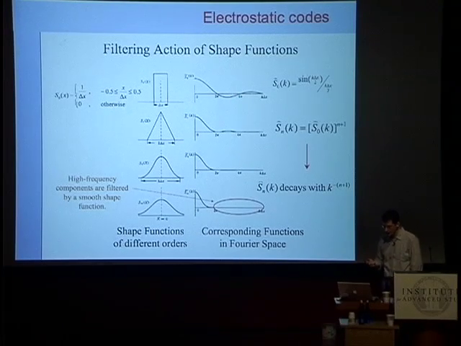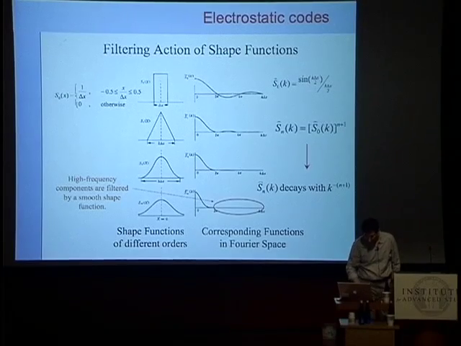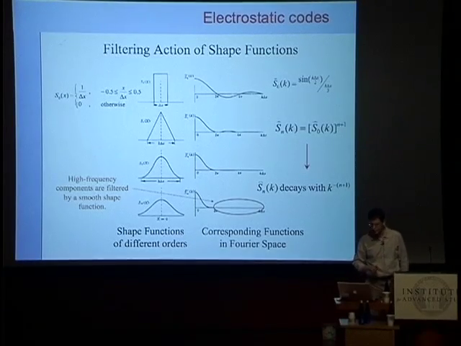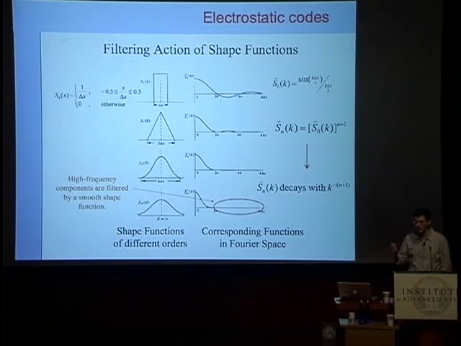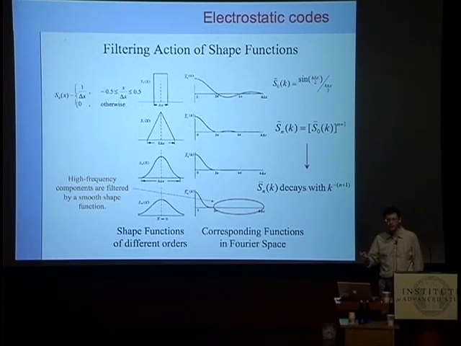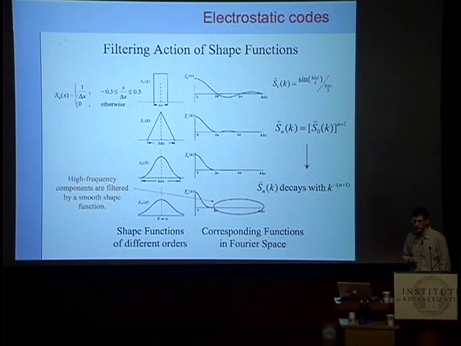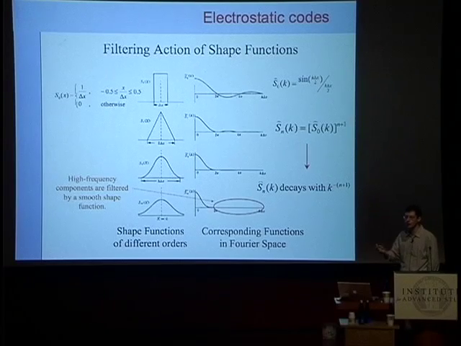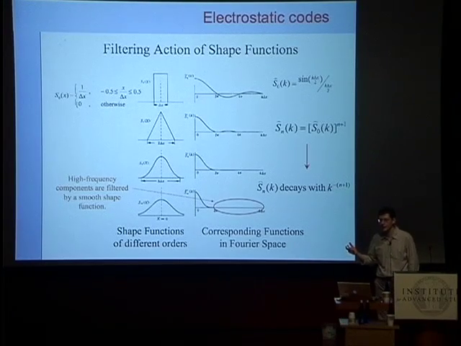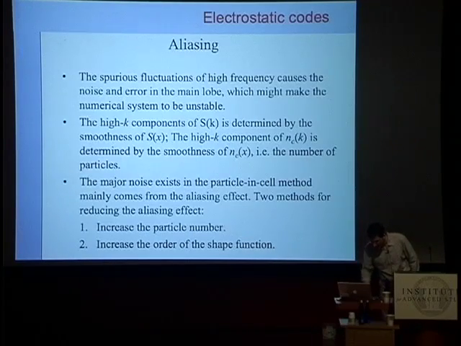And why the short, spatial frequency noise is important is because the grid cannot resolve something that's on a scale smaller than a few grid points, right? So when you try to put in a wavelength that is shorter than a few grid points, the grid will just randomly assign that to some other wave mode. So it's called aliasing.